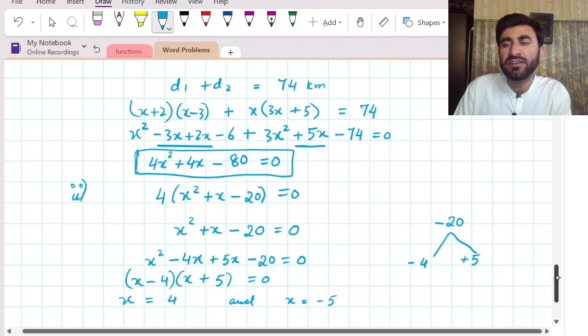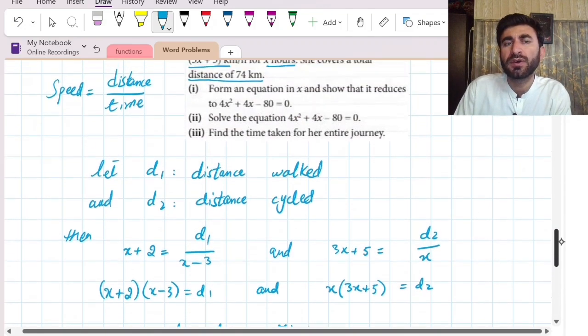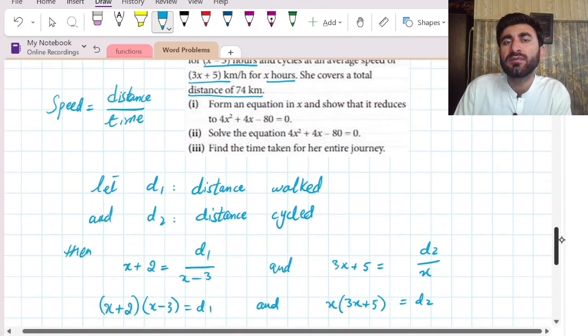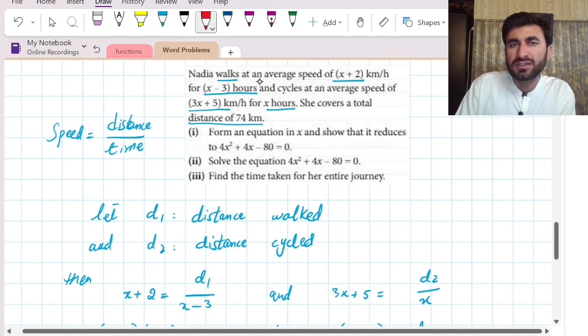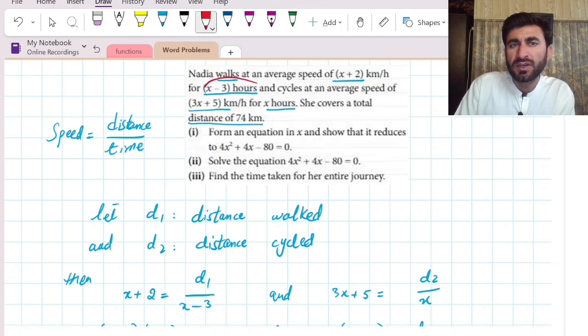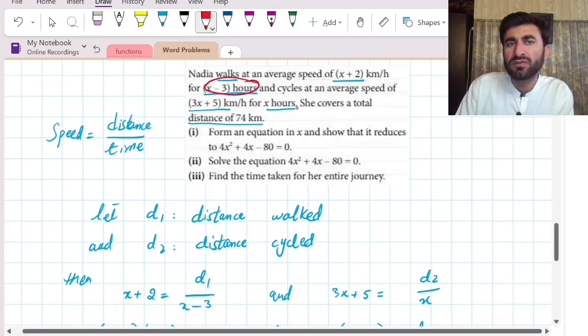Now we can leave it over here and come to the third part where it said find the time taken for an entire journey. The time taken for an entire journey should be the time walked plus the time cycled, and it already stated that she walked for x minus 3 hours and cycled for x hours.